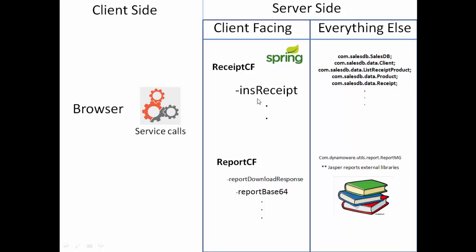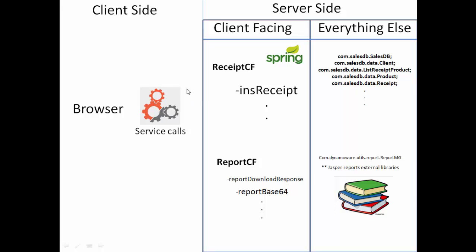When I ran this code, it made instances of the sales DB to initiate the connection and the transaction. It used these client objects, these database POJOs, or plain old Java objects, and it ran all the code and later produced a response.